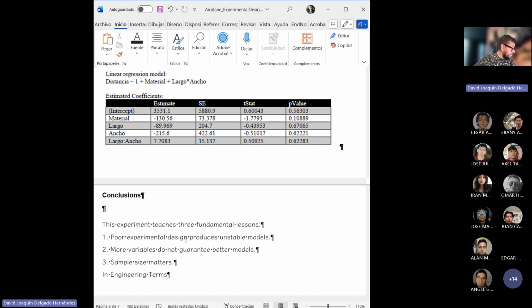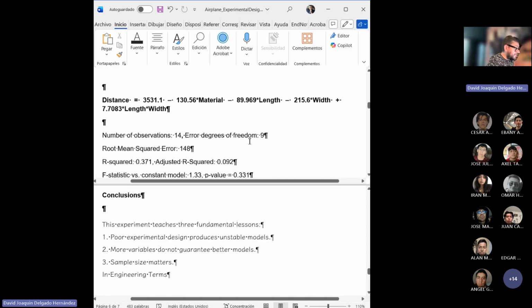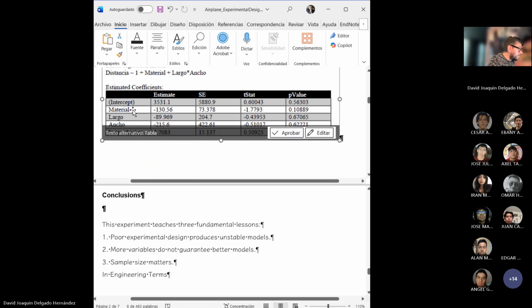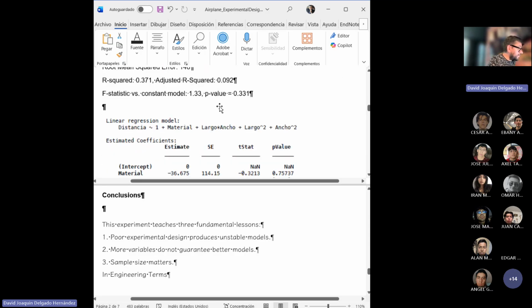Second lesson, more variables do not guarantee a better model. Do you remember these 2 models? This is one model. Look, this model has, let's say, 5 variables, okay? These are the rows of the table, 5. But what happened with the second?